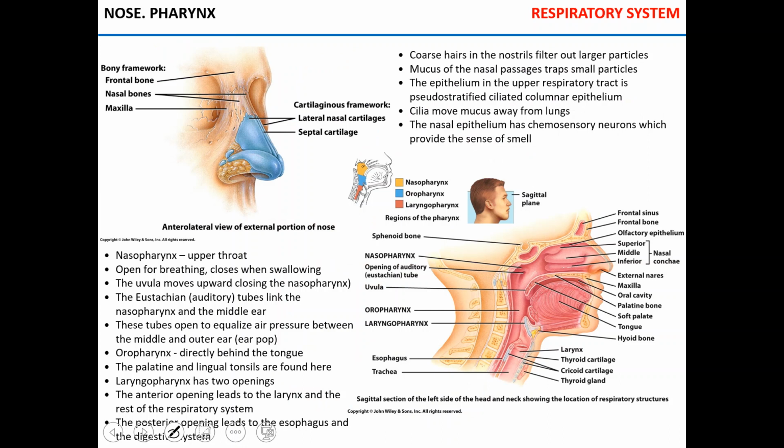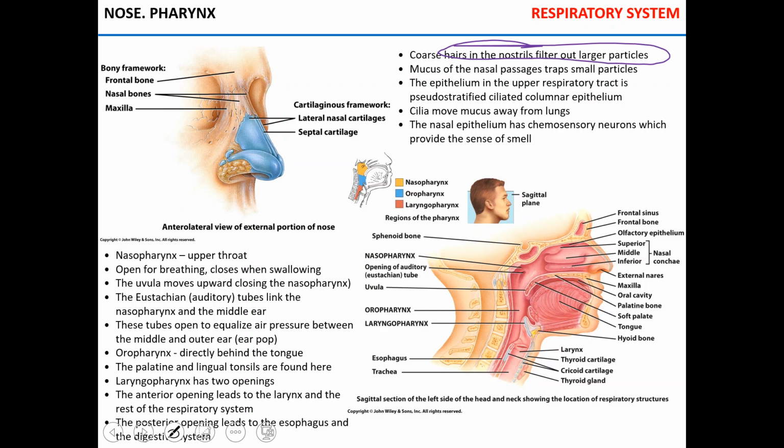So the nose is essentially the first site where air is filtered, humidified, and heated up. The hairs in the nose filter out the particles. Mucus present in the nostrils serves as a trap for small particles of dust or fungal spores.